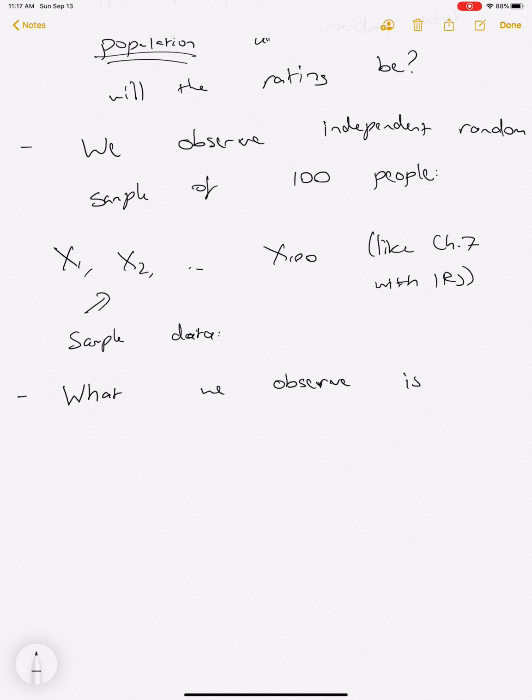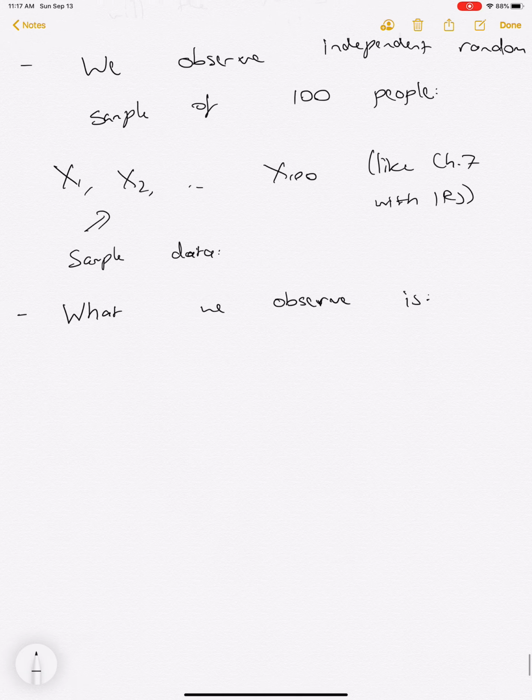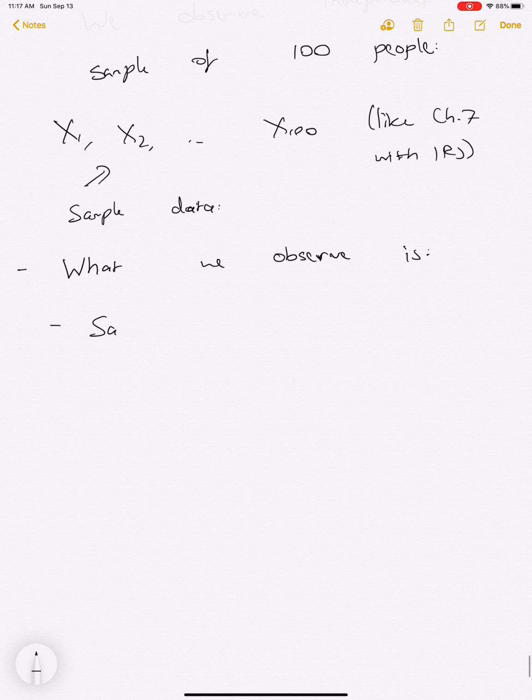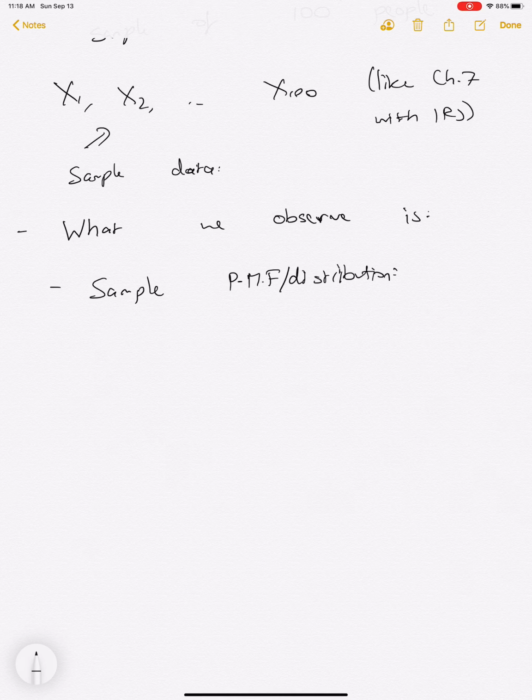So what we observe in our data is actually what's known as the sample PMF or distribution. I'm going to use this notation. This hat notation is something we're going to start to see a lot. I actually already used it for the theta hat earlier on as an estimate for the parameter theta.